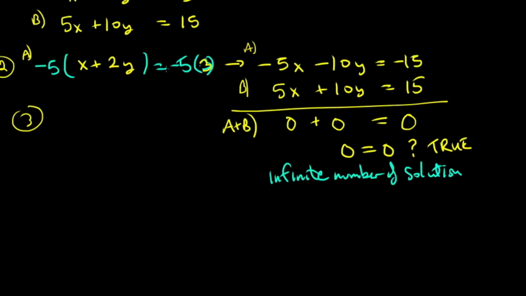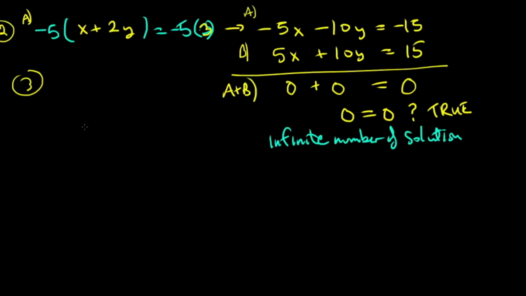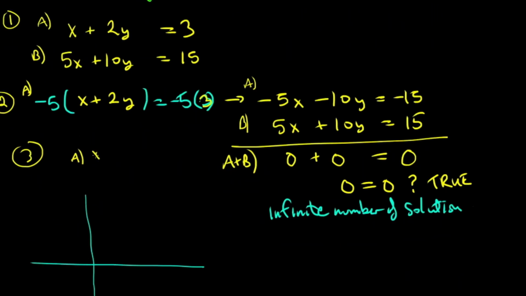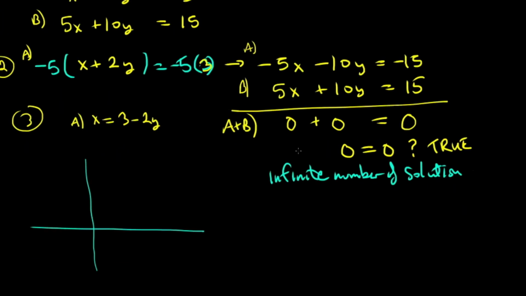So if we were to graph these two lines, line A and B, here's line A. What was it originally? It was x equals 3 minus 2y. That equation will look something like this. We know when y is 0, x is 3. And let's say y is 1, then x will just be 3 minus 2, which is 1.